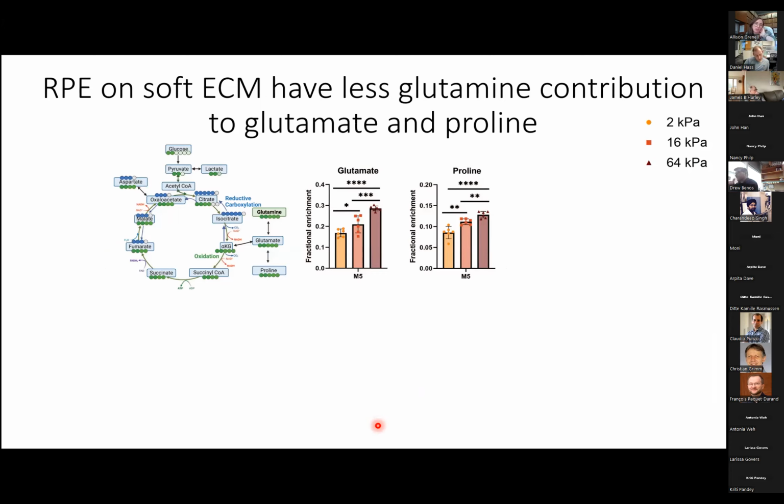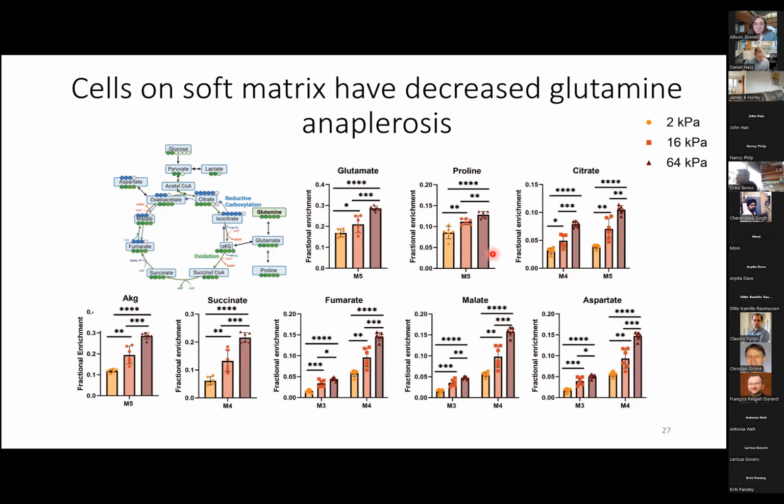And this is showing us the fractional enrichment, first from glutamate and proline, which are generated from glutamine. And I found that on the softest stiffness, there was less glutamate and less proline, signifying a decrease in the contribution of glutamine to these metabolites.